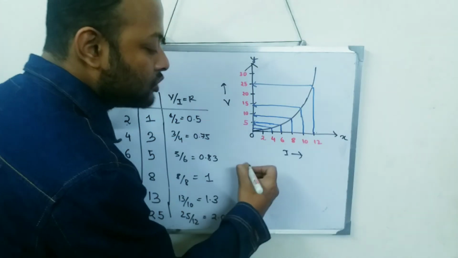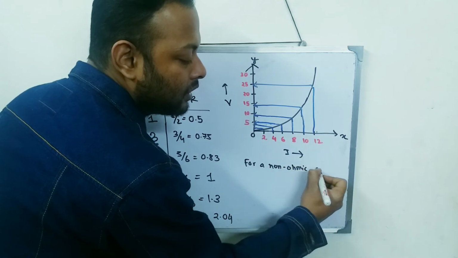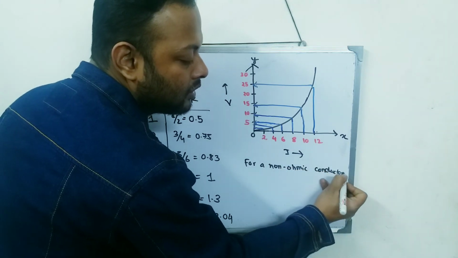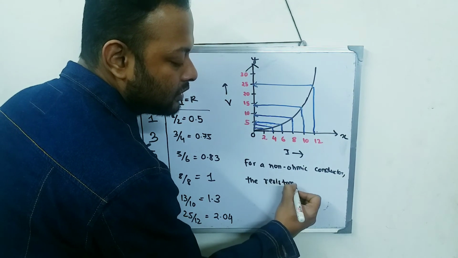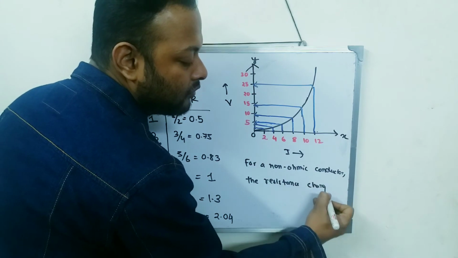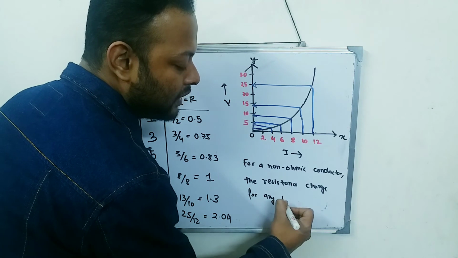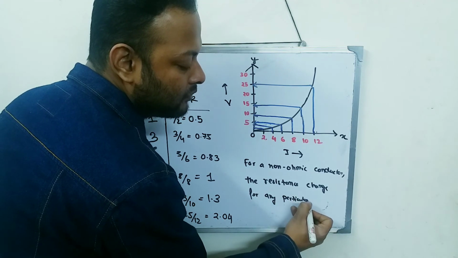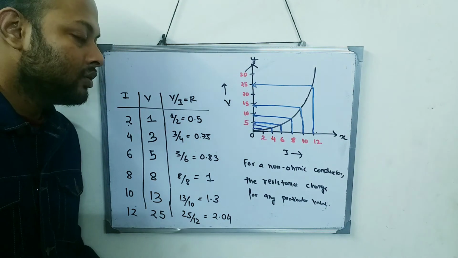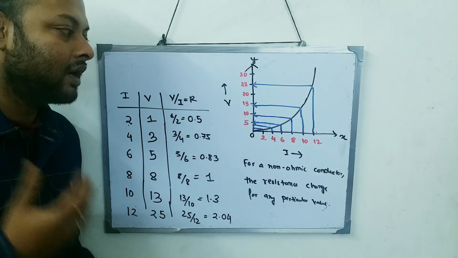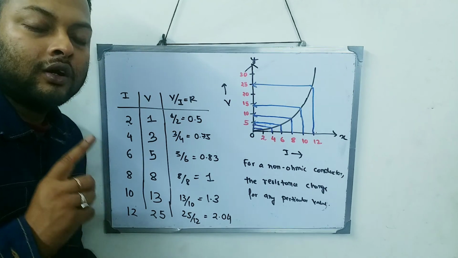For any particular values, the resistance happens to change. So this is a non-ohmic conductor graph. I hope you understood the difference between ohmic and non-ohmic conductor graphs.